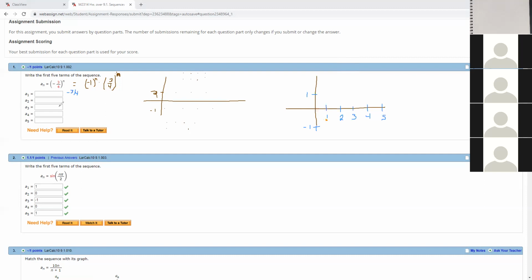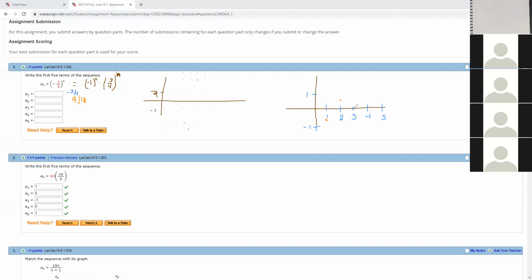Okay, and then what's the second term going to be, Jocelyn? -3/4 squared. What's the negative times the negative going to be? Positive, it'll be 9/16. Good. And 9/16 is a little bit bigger than 0.5, so it's going to be right up here.